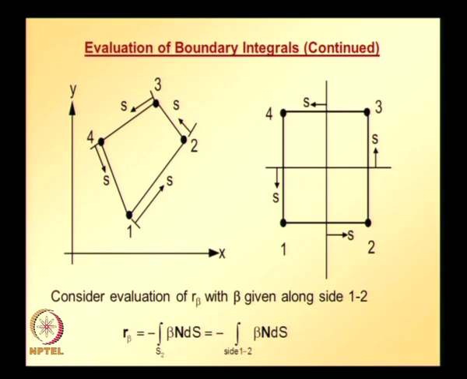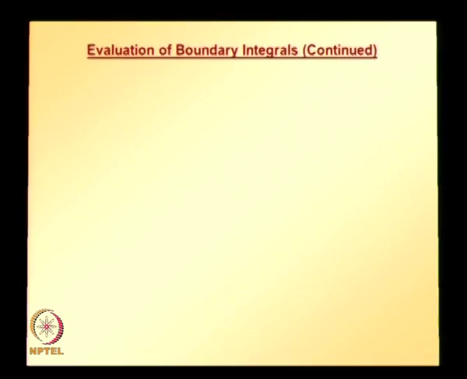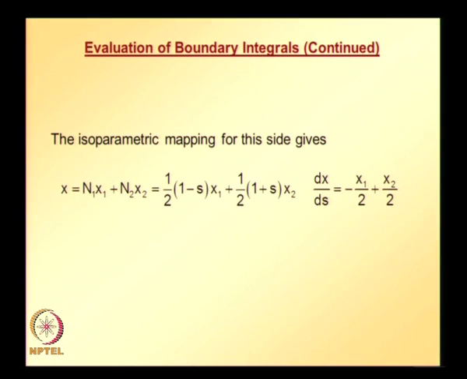For that we require the isoparametric mapping along each of these edges or sides. The isoparametric mapping for side 1 2 is x equals N1 x1 plus N2 x2, because N3 and N4 are going to be 0 along side 1 2. This gives us x in terms of s, and from there we can find the derivative of x with respect to s.